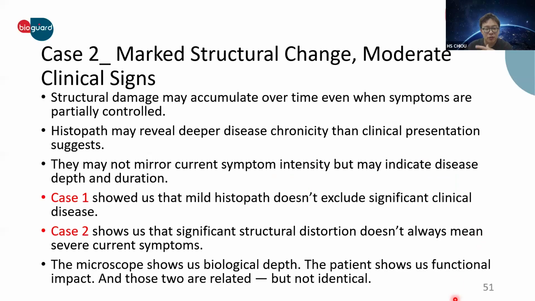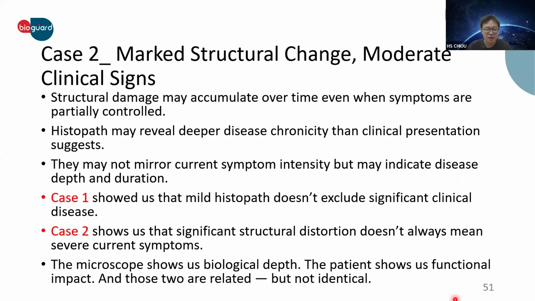Structural damage accumulates over time even when symptoms are partially controlled. So what we may be seeing here is long-standing immune-mediated injury, a remodeling process that has been ongoing for months or even years. Histopath may reveal deeper disease chronicity than the clinical presentation suggests.